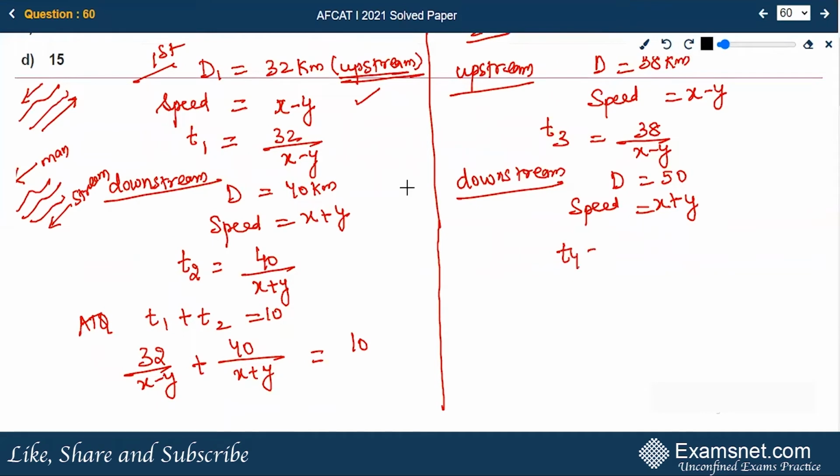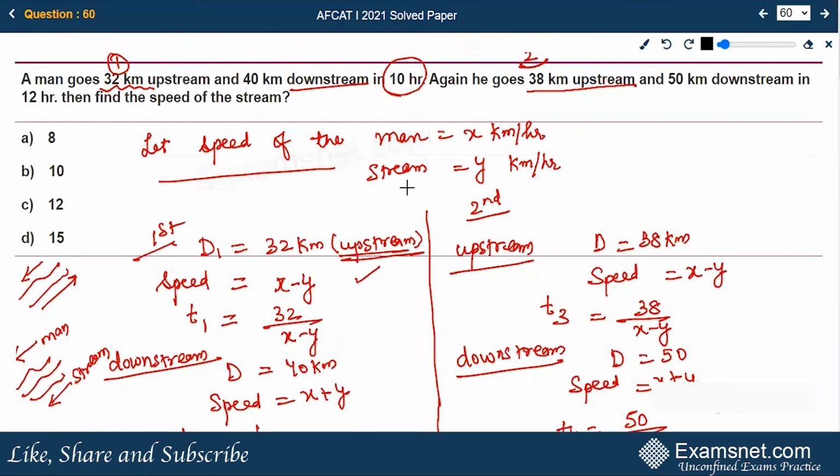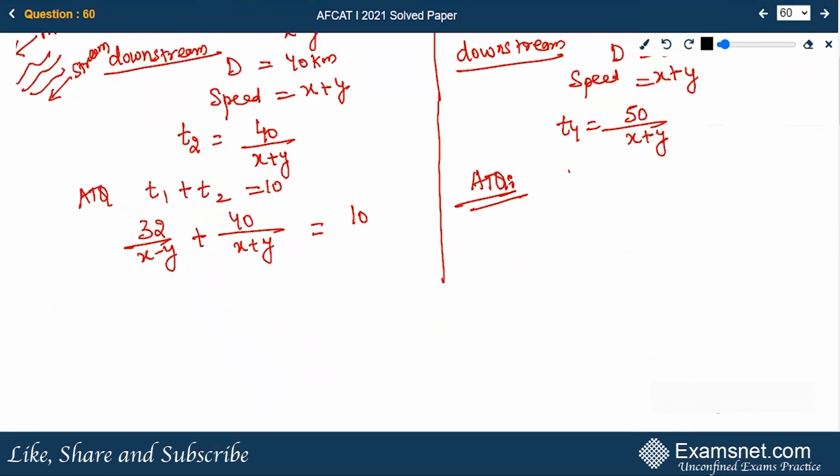So now the time taken will be 50 upon x plus y. According to question, the total time taken in the second case is 12 hours. While he goes 38 upstream and 50 kilometers downstream, he takes a total of 12 hours. Now, according to question, T3 plus T4 is equal to 12 hours. What was T3 equal to? 38 upon x minus y plus 50 upon x plus y is equal to 12.